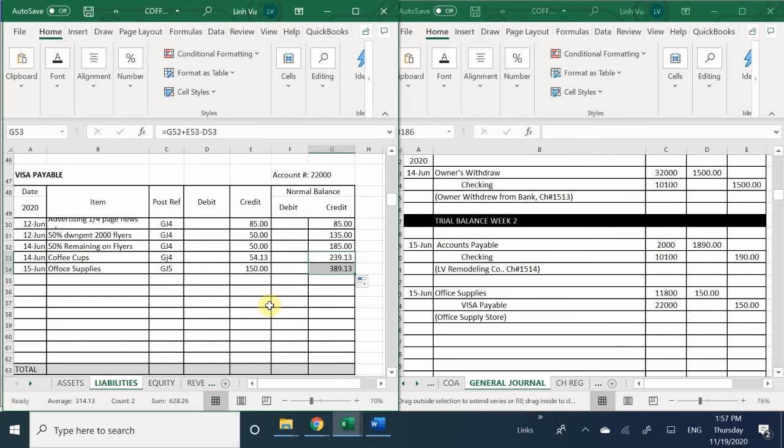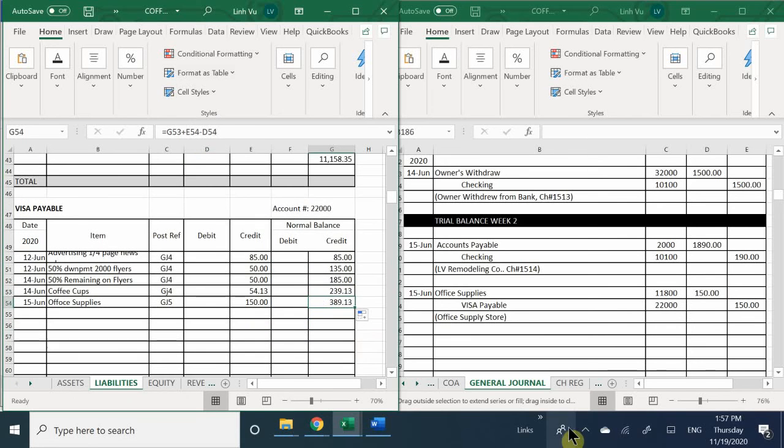Good. For the Visa payable, this is how much you owe on your credit card. I'm sorry, I had to fix my formula here. It kept coming up with an error value, so I don't want to leave it and then come back and still be wrong. If you need to stop and ask for the equation, I can give it to you.